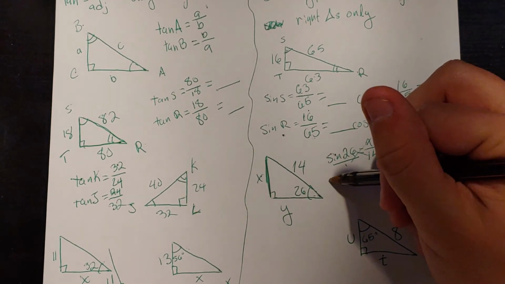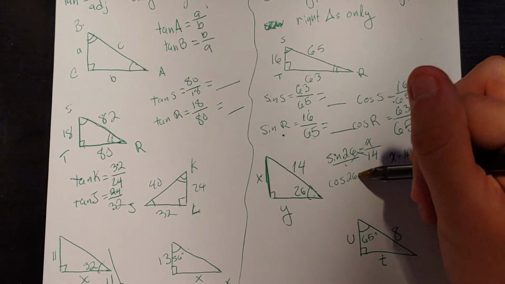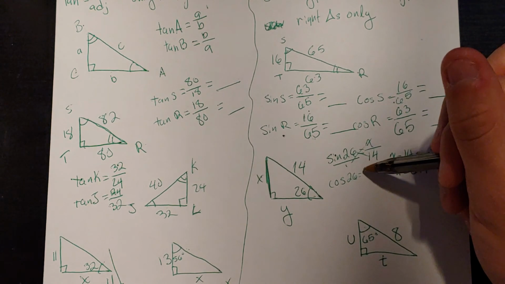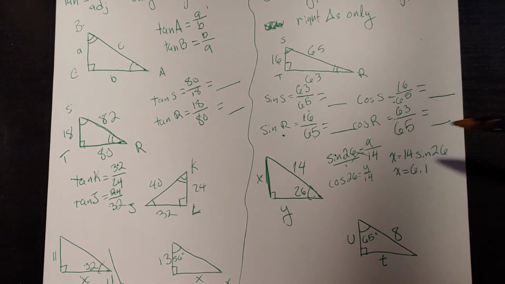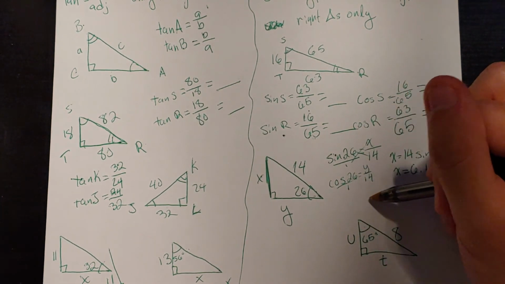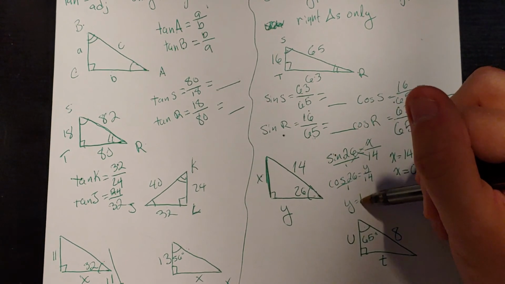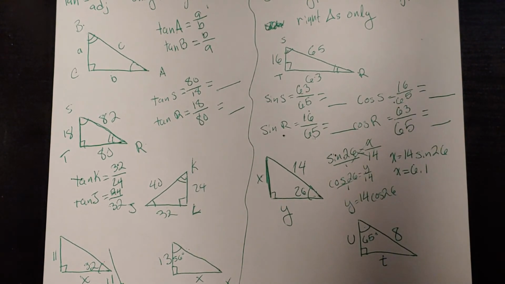I can do cosine now of 26 equals y over 14. Again, I'm going to cross multiply, so I get y equals 14 cosine of 26.